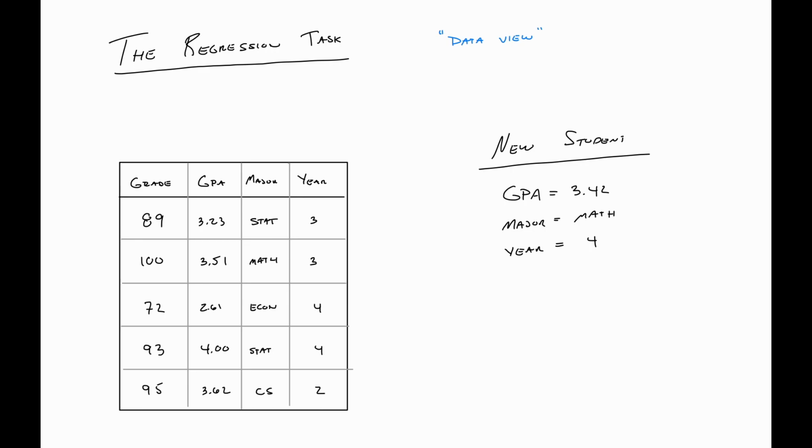But an analysis we could consider doing is, so I have for my former students the grade that they achieved in this class, their GPA going in, their major, and their year. So what we want to do, the response variable here is going to be the grade in the class. And in particular, we see that this response variable is numeric data, so that's how we know that we are in the regression task setting.